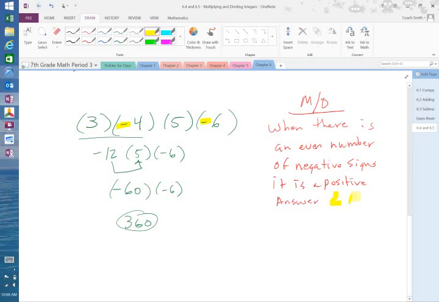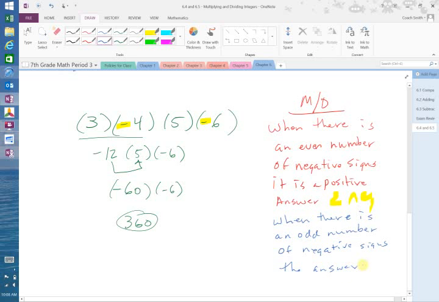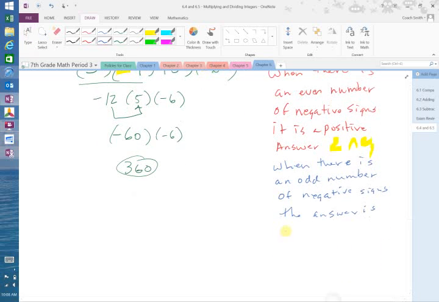So there's 2 negatives. Okay? 2 negatives would be equal to a positive. Now, the inverse of that, when there is an odd number of negative signs, the answer is negative.